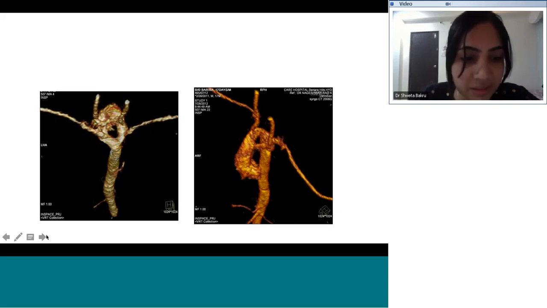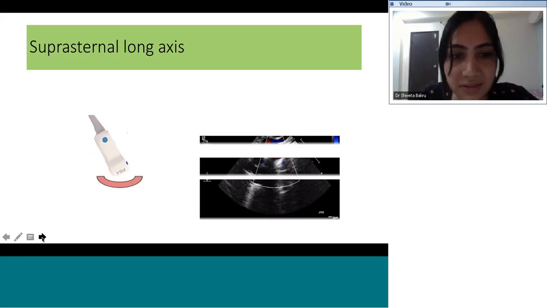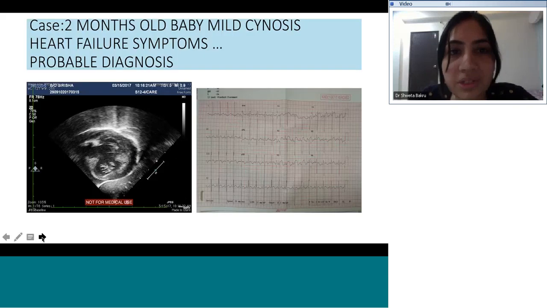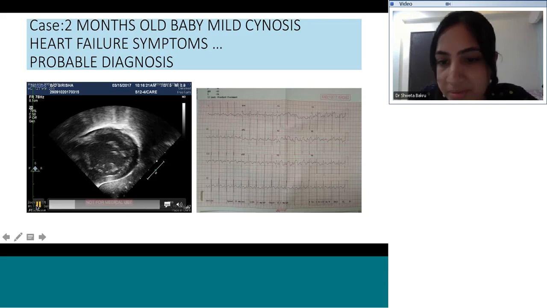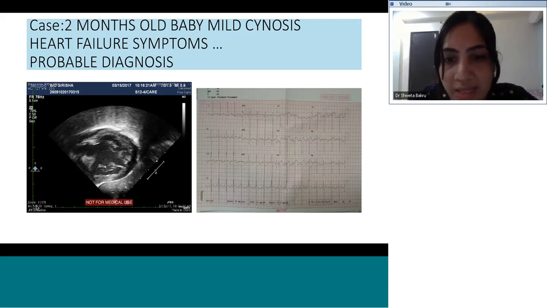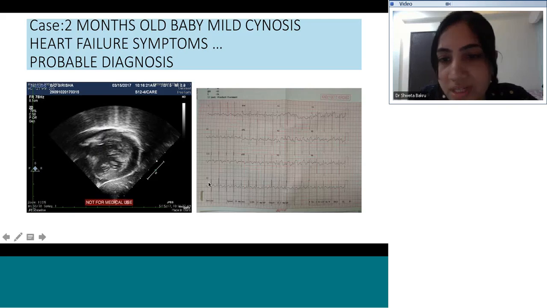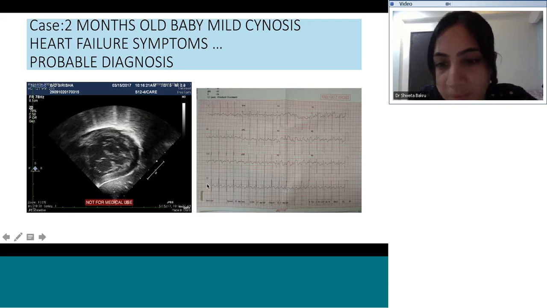Now we'll go back to our second. This is a 2-month-old baby who has got mild cyanosis, heart failure symptoms, and then there is an ECG. So what is our probable diagnosis?